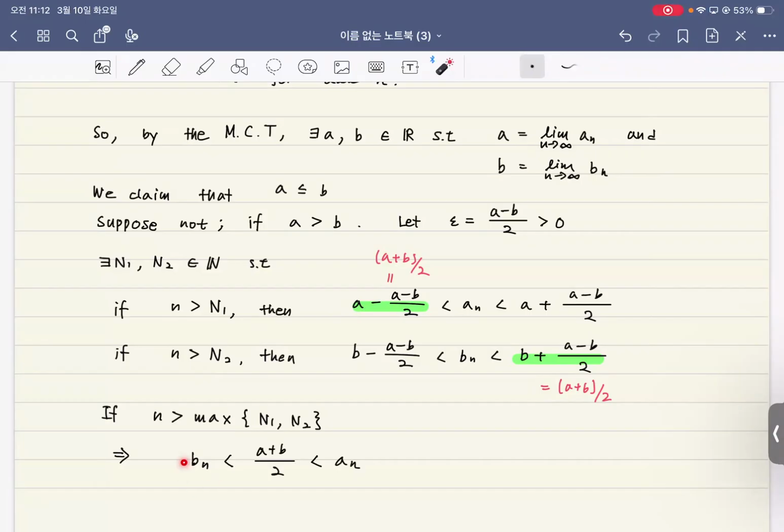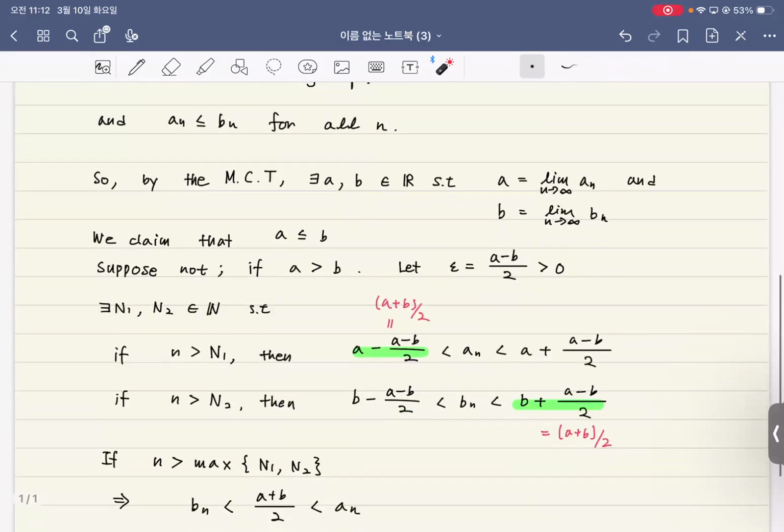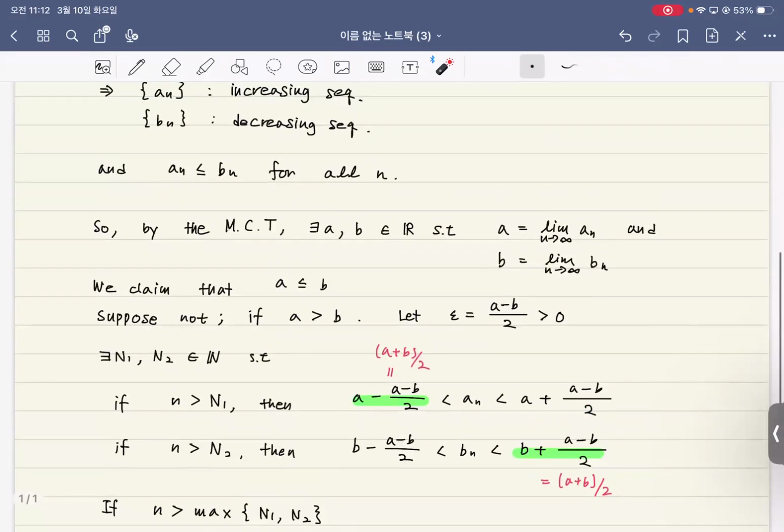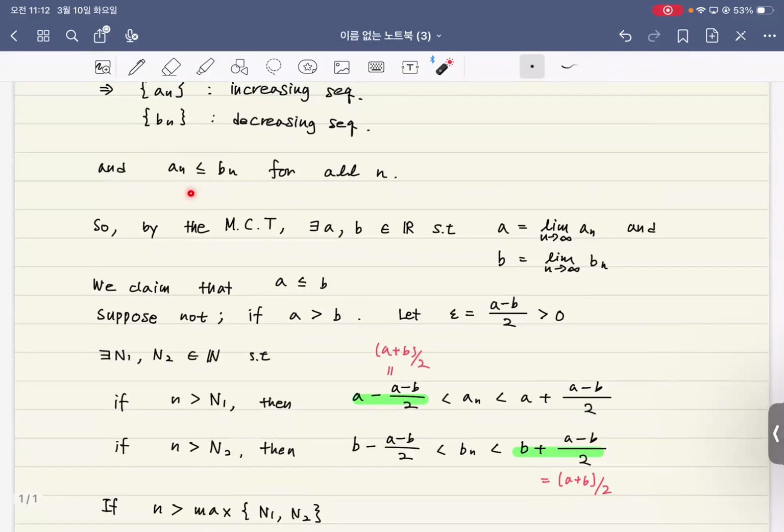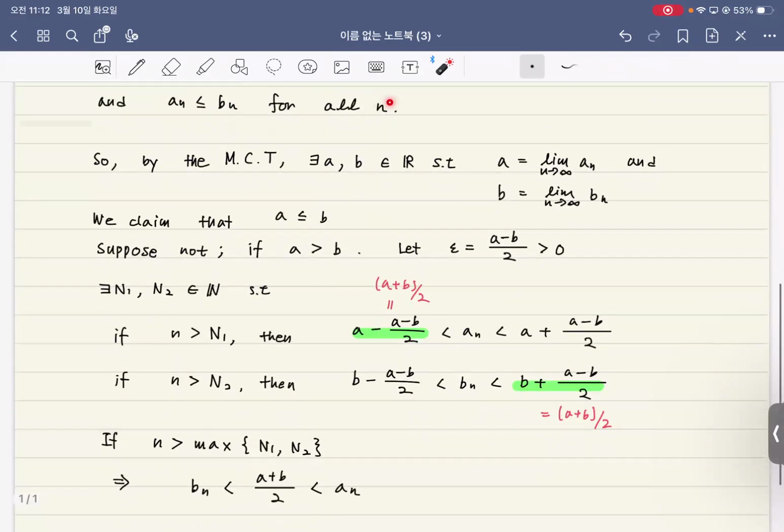And this is a clear violation of this inequality. An must always be less than or equal to Bn for all n, but this is not. So this is a contradiction.